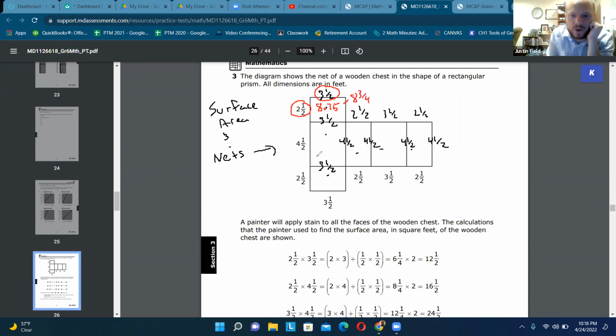All right, 4.5 times 3.5, 15.75. So that's 15 3/4. Sorry, I just want to do my calculations in decimals. Oh, this top one is also 8 3/4. But you should know your fourths. If you don't know your fourths, you need to know your fourths.